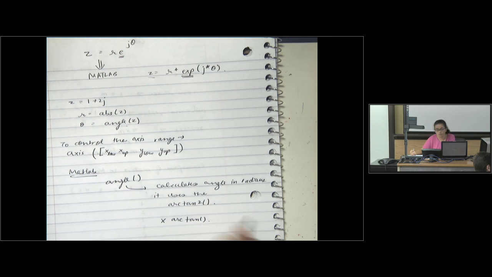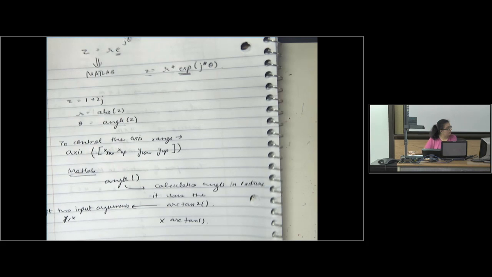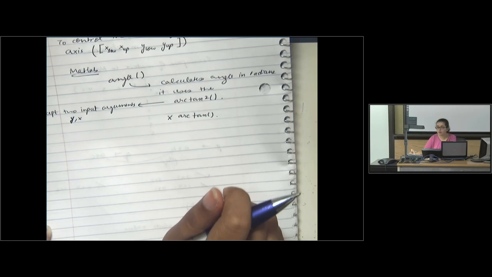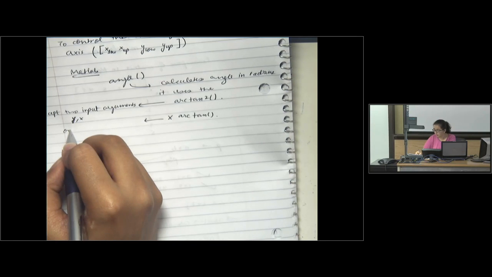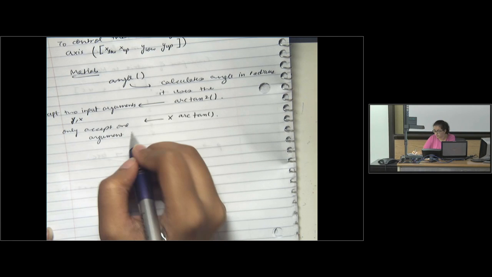There's a difference between the two. arctan2 accepts two input arguments, y comma x, whereas arctan only accepts one argument, the ratio of y over x.